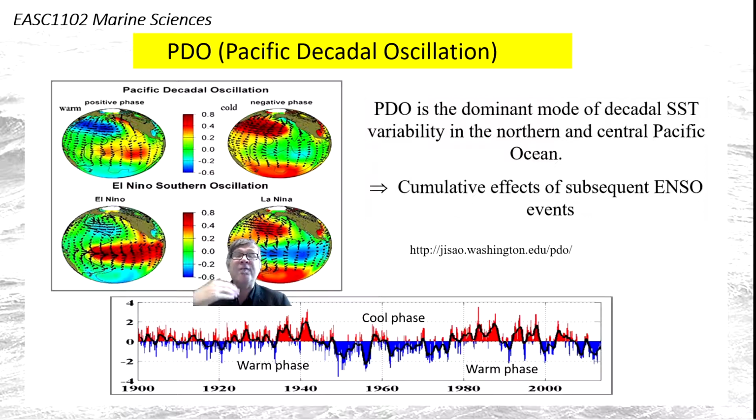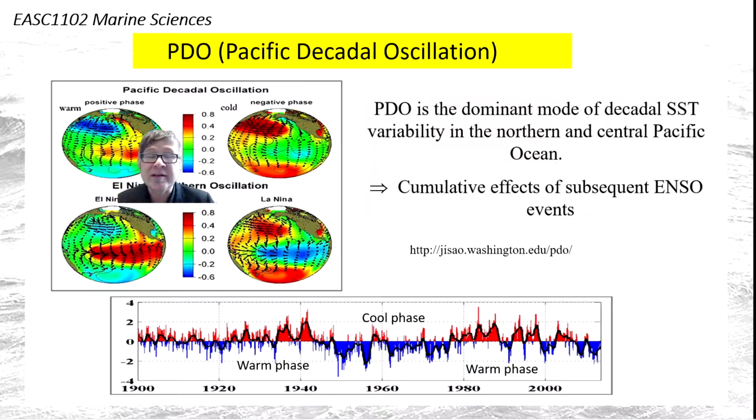What you find is that on time scales of decades, you can have either a warm phase or a so-called positive phase, which is shown here, the sea surface temperature. And you can see it's remarkably similar to El Niño events, but there's a more pronounced cold water signature here in the north.